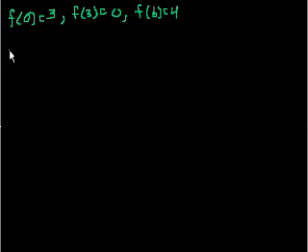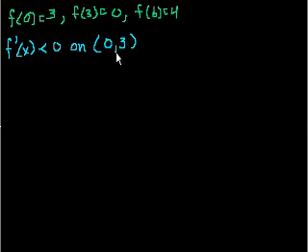They tell us that f prime of x, the derivative, is less than 0 on the open interval 0, 3. So that means not including 0 and 3.